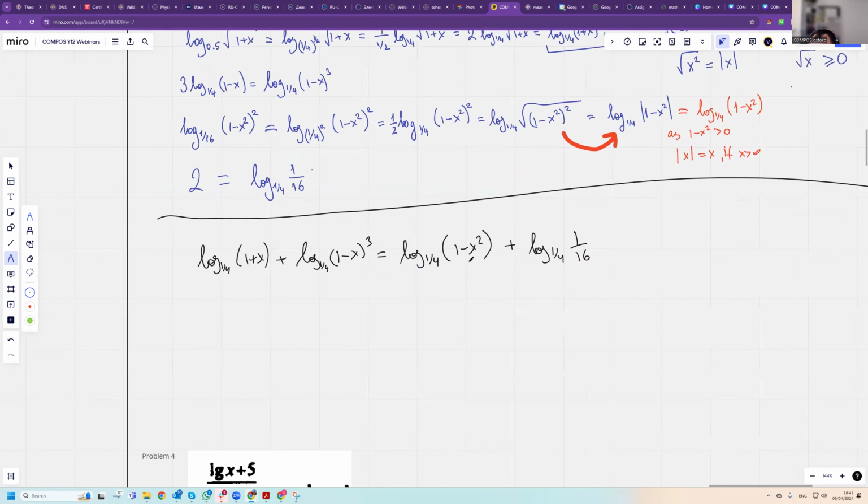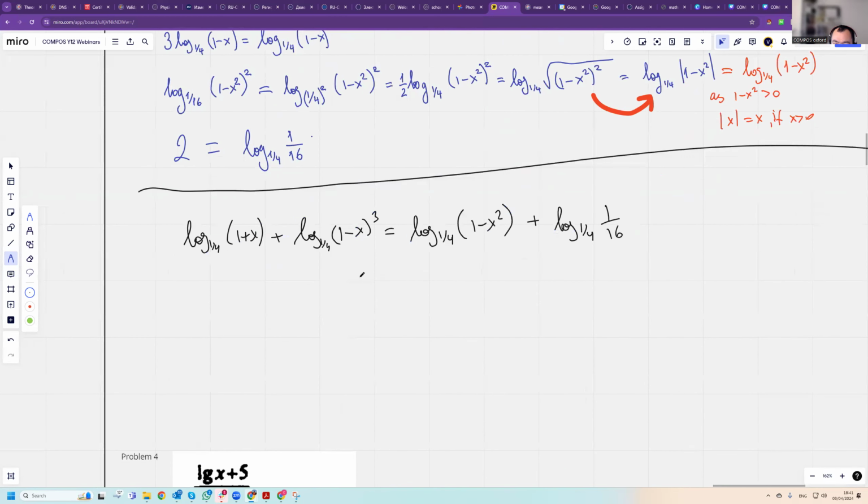Now, if you're adding logs, we are multiplying them together. So this is log base a quarter of 1 plus x times 1 minus x cubed equals log base a quarter of 1 minus x squared over 16.